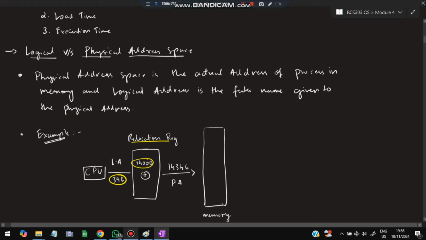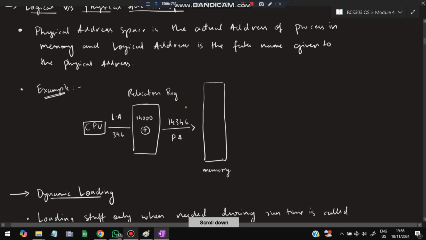It is 346 plus 14,000, and this is the actual address. To store this large address we need more space, so we use a logical address here, which is relative to the relocation register. Physical address is the actual address, and logical address is the fake address.